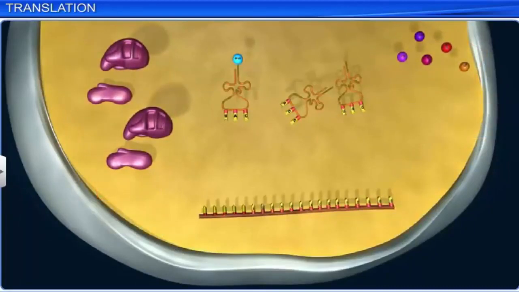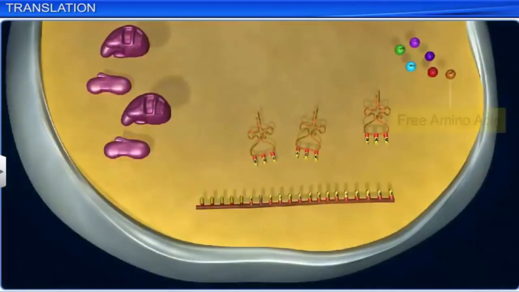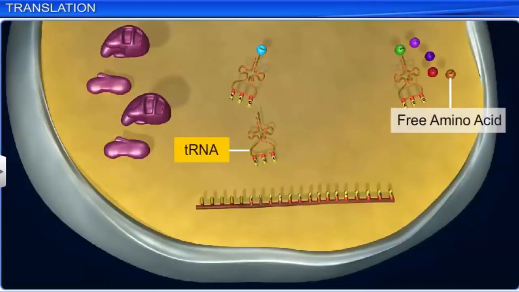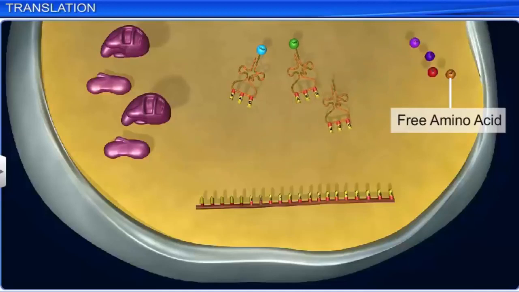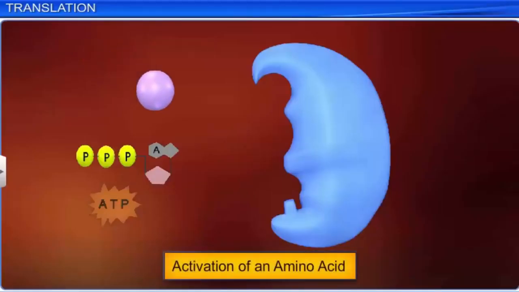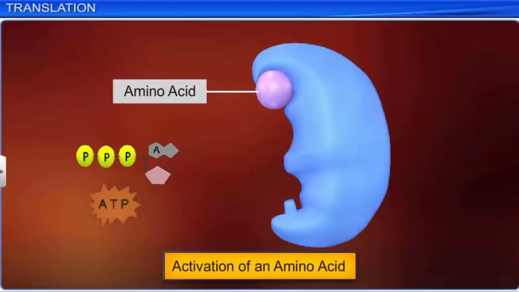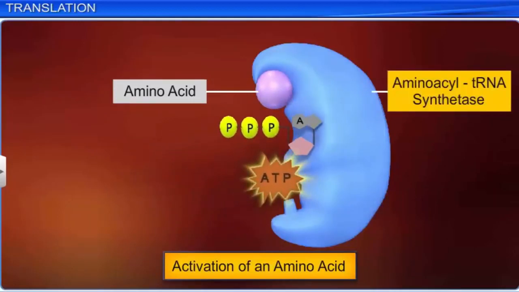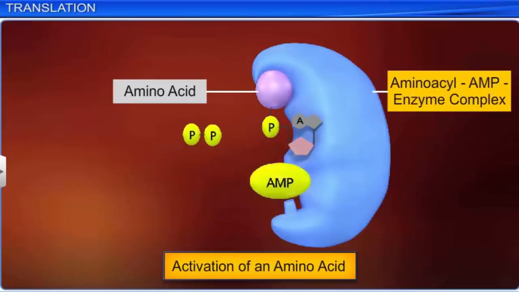The amino acids and tRNAs in cytoplasm become activated by a process called charging or aminoacylation. During this process, amino acid binds with ATP in the presence of aminoacyl tRNA synthetase and is activated into aminoacyl AMP enzyme complex.